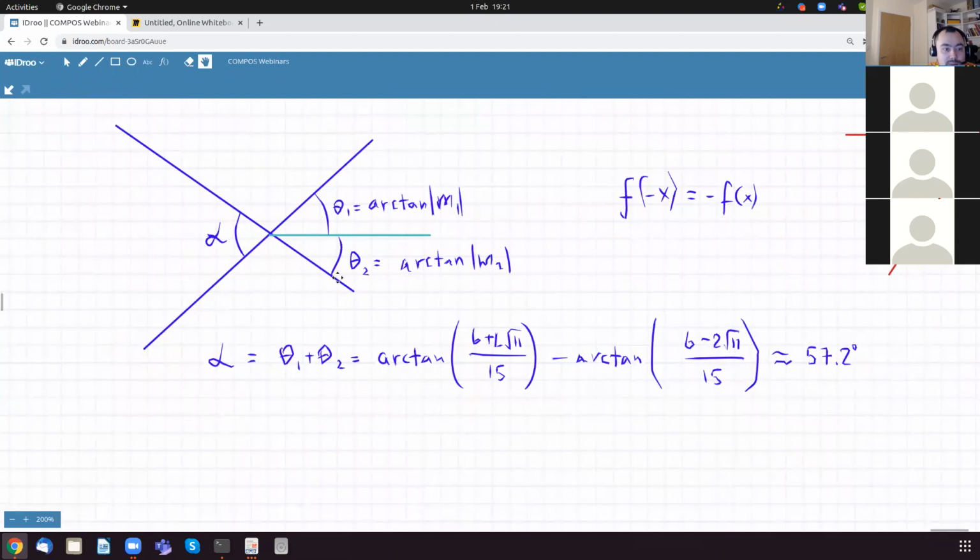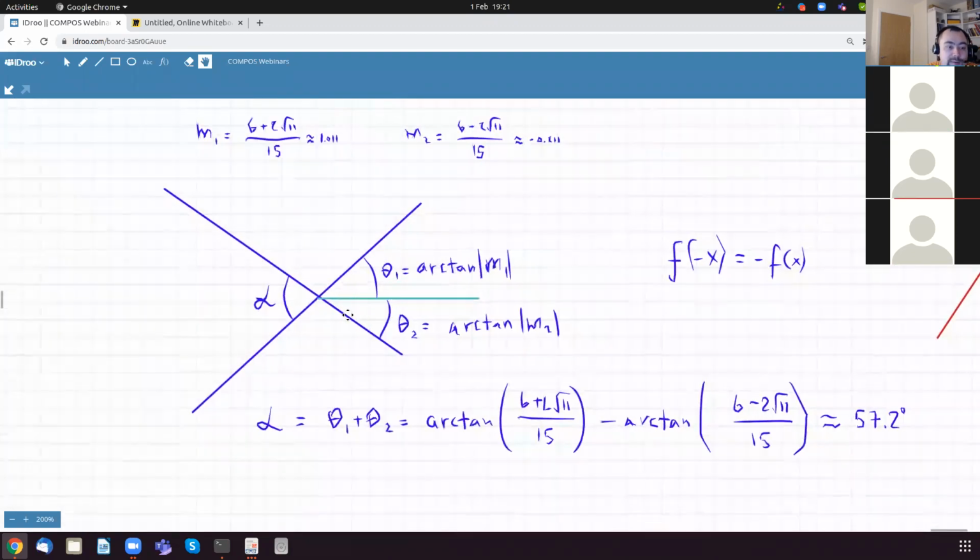I could have done it another way. Technically, arctan M2 without the modulus is the angle between the positive x-axis and the line.